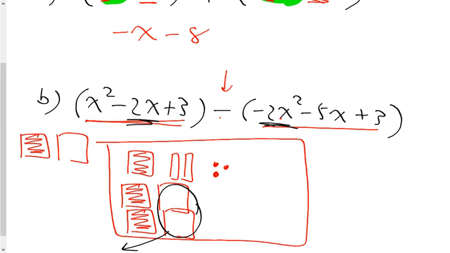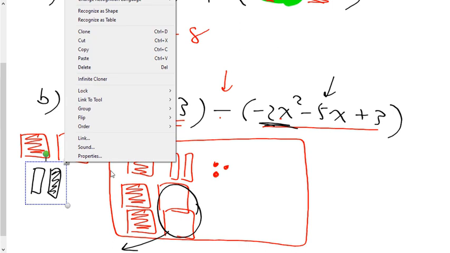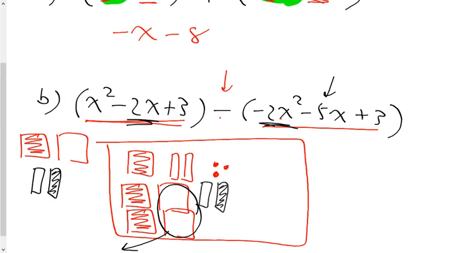Okay? Do I have 5 negative x's to remove from there? No, I don't. So if I take the same idea, there's my zero pair of algebra with x's, infinite clone it. Adding that does not change the value.